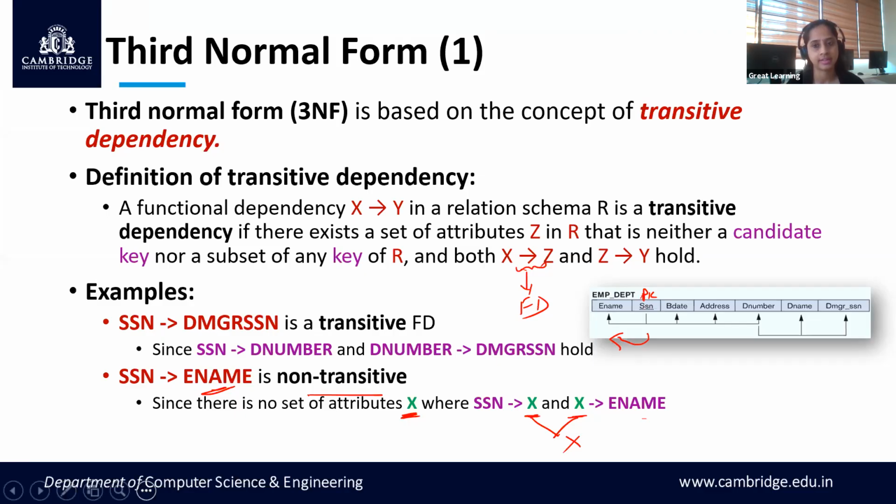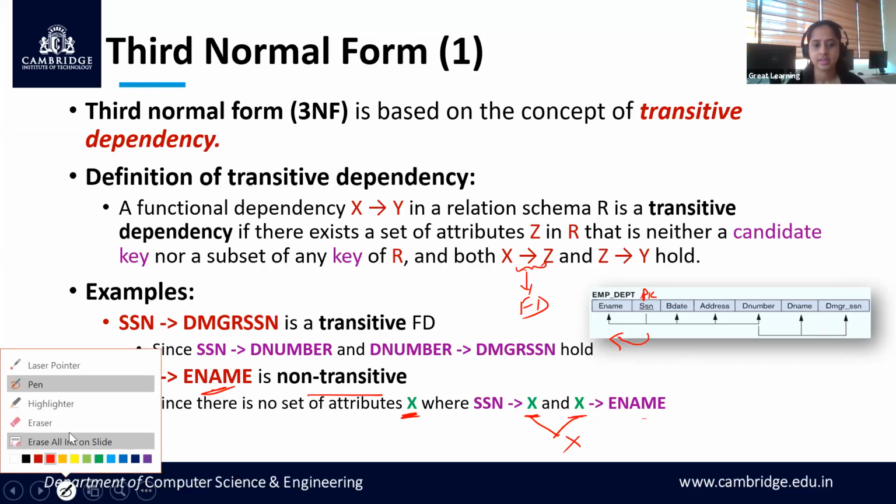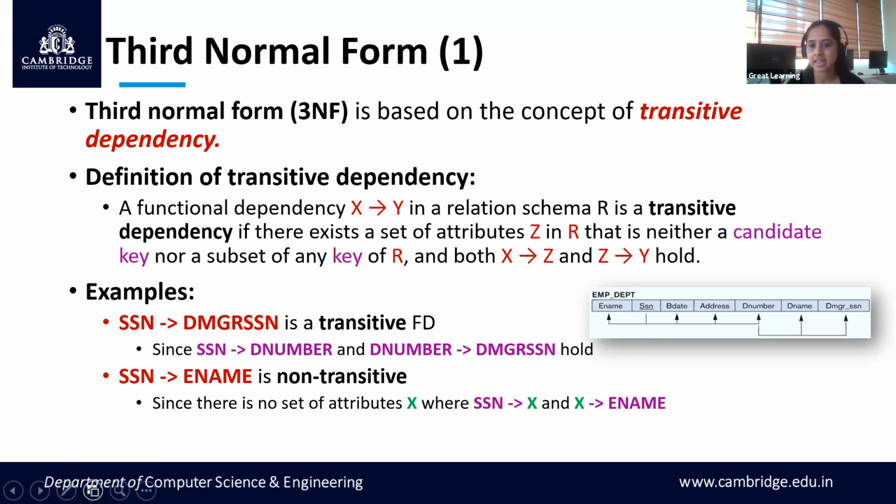For the first example, assistant determines DM. D number is not a primary key, but it can be a candidate key, no, ma'am? But they have not mentioned that, they've just given you an example. Okay, ma'am, it's just an example.